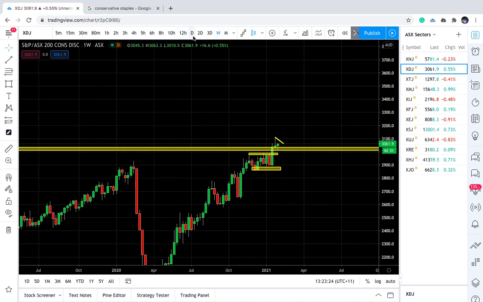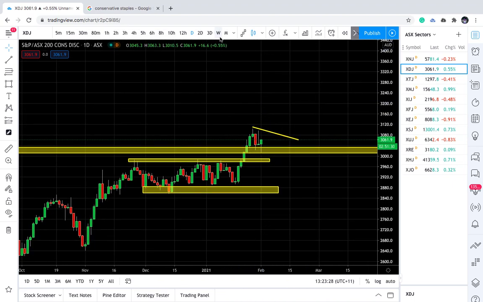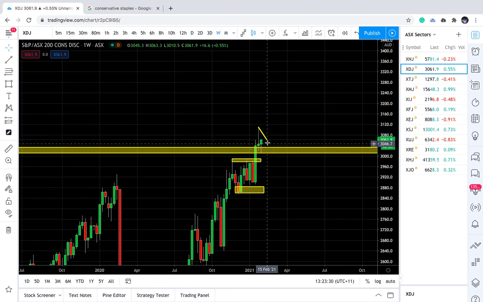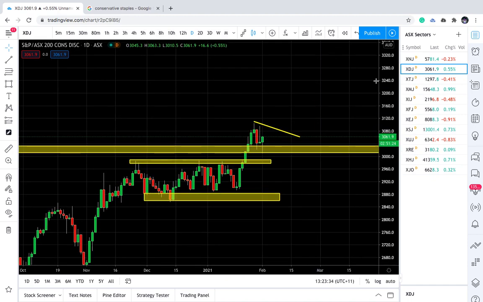But I'm cautious, because on the weekly I would prefer more candles, or on the daily some range. So it is bullish for now. We can look at the stocks and analyze them separately, because a sector going up doesn't mean that all the stocks in it will go up.